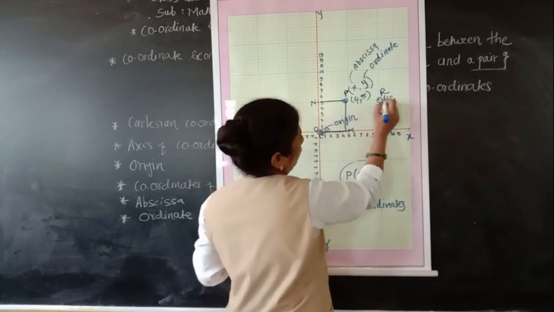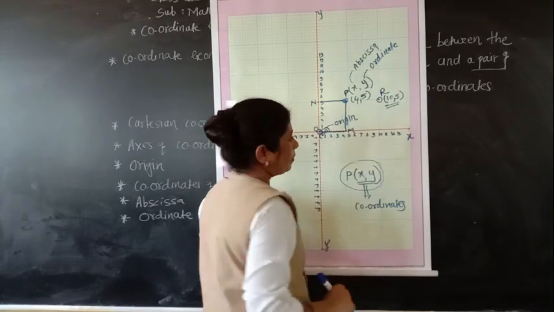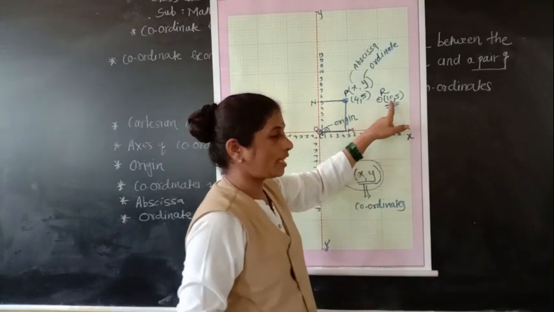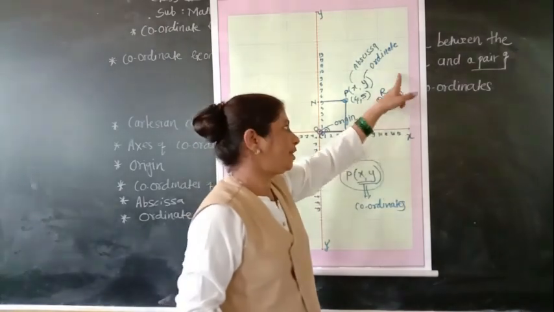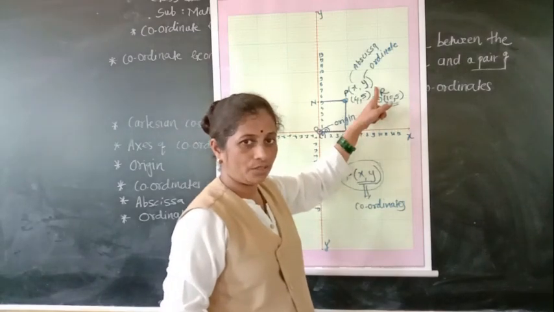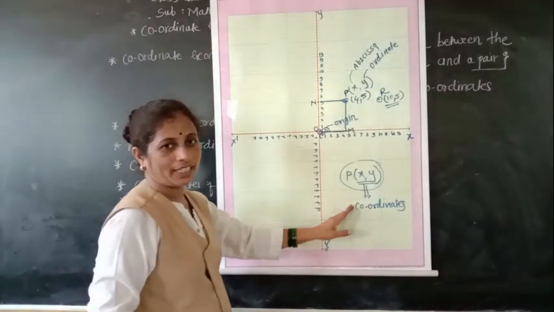It is 5. So 10 comma 5: x is 10 and y is 5. So 10 is the abscissa and 5 is the ordinate, and the total is called the coordinates of the point R. Understood?